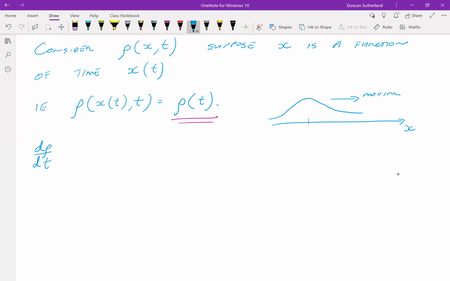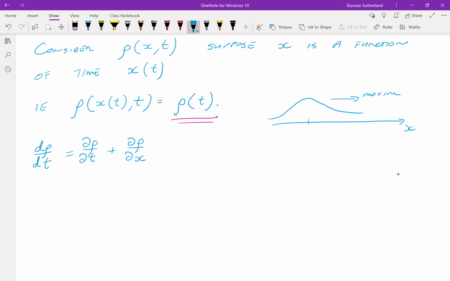However, because rho changes with both space and time, this is not just simply the partial derivative with respect to time. It's the partial derivative of rho with respect to time plus the contribution from the spatial component.